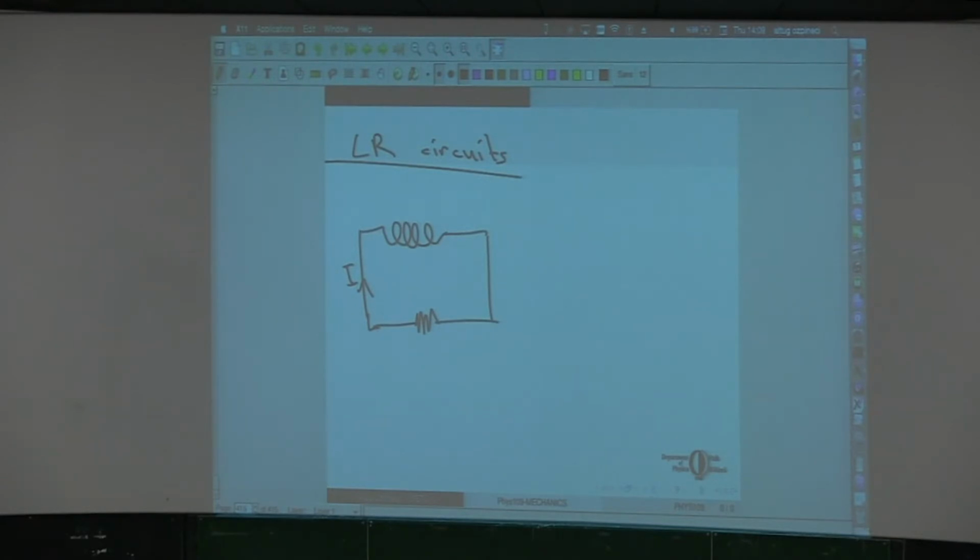Now let's start from point A, B, C, and D. This is the positive direction of our current. Let's say there is this current running at this instant. Let's follow one positive charge as it moves in the direction of the current. What will be the work done on it?